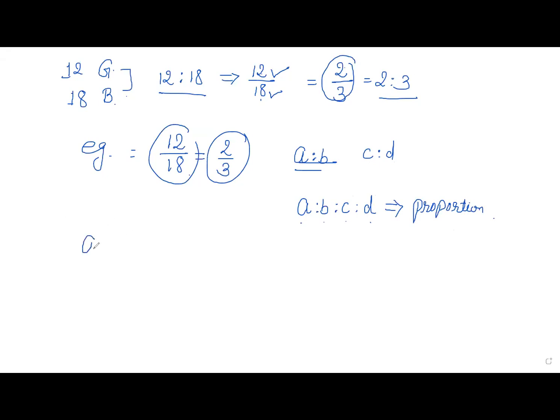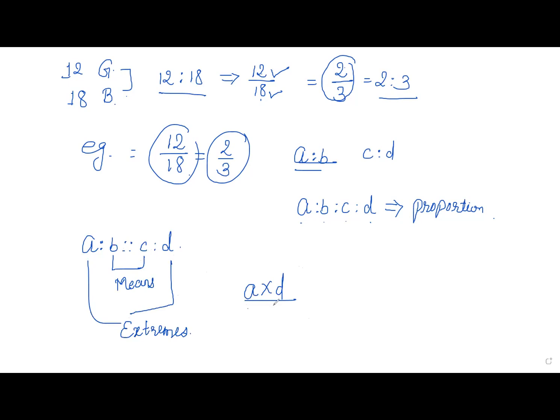So for the proportion formula, suppose we have A is to B is to C is to D. Here B and C are the mean terms, or can be considered as means, and here A and D can be called extremes. So the proportion formula we can take as A into D, that means product of extremes, is equal to B into C, that is product of means.